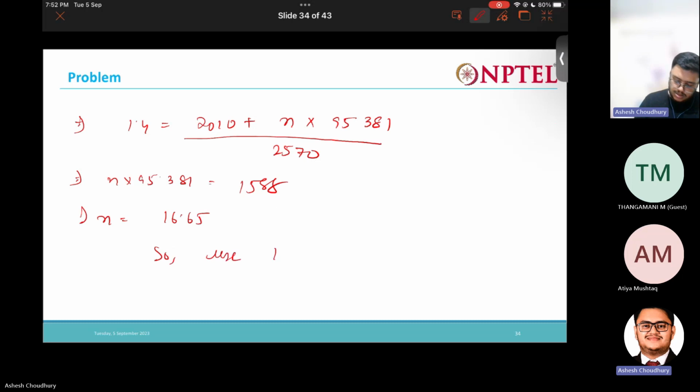So we use 17 layers. We need to use 17 layers of this geogrid to get a factor of safety of 1.4. All right.